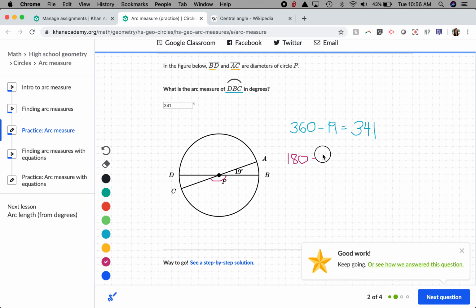minus 19. And the reason I use 180 is that, remember, we were given that this line is a diameter, meaning it cuts the circle exactly in half. Now 180 minus 19 will give us 161.